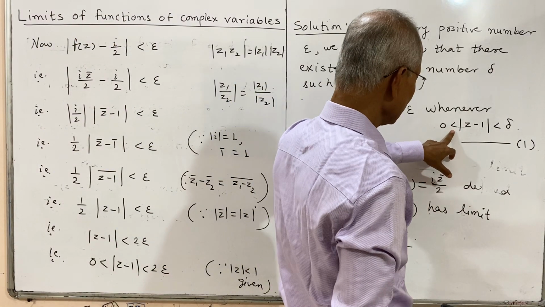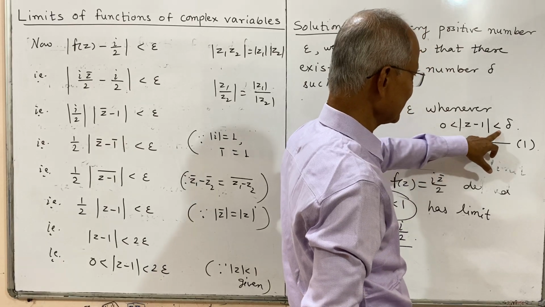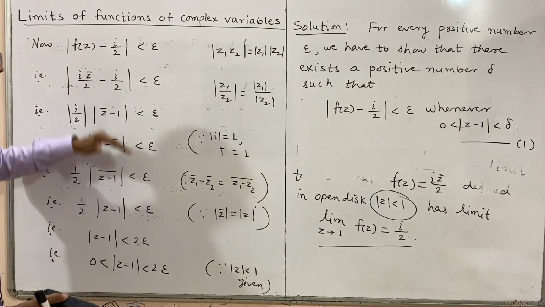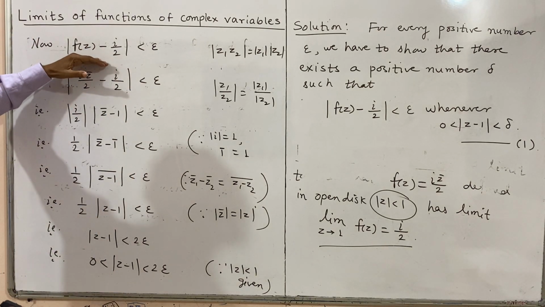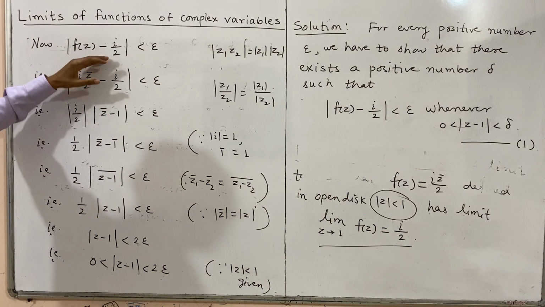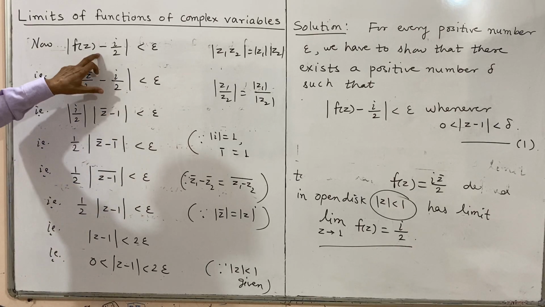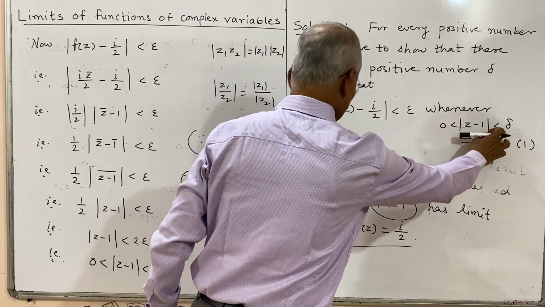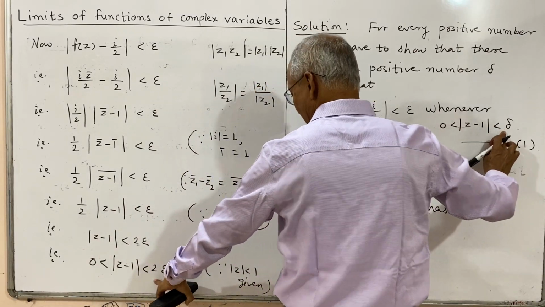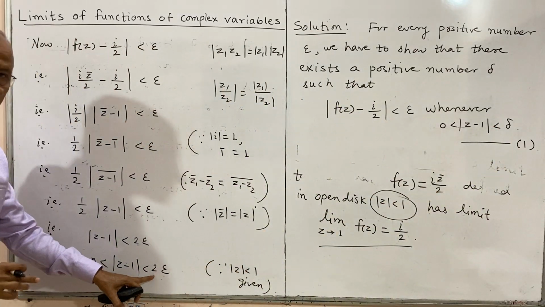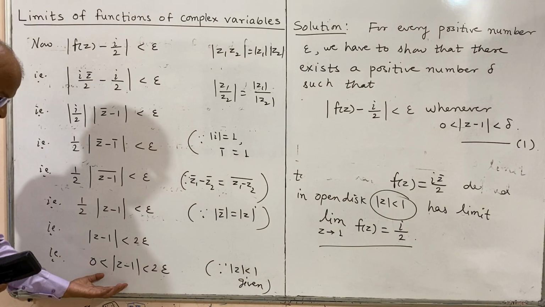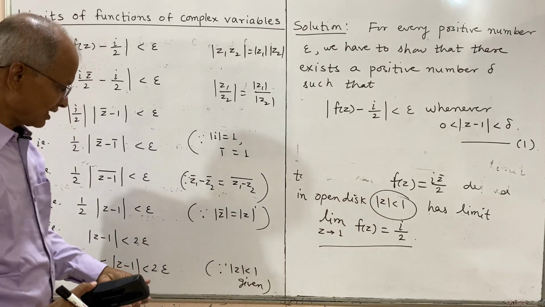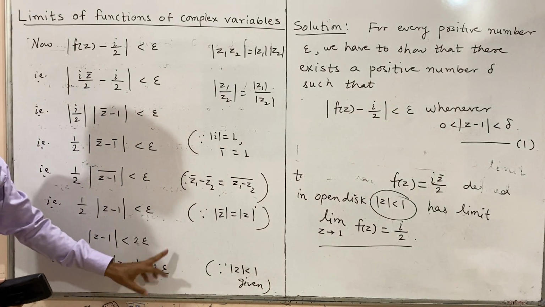You see, 0 < |z − 1| < delta, and that means when this is true, the first inequality will hold. When this condition is satisfied, this condition is satisfied, and by comparison we can select delta as 2 epsilon. If you select delta as 2 epsilon, this condition is satisfied by this delta, and thus there exists a delta which can be taken as 2 epsilon.